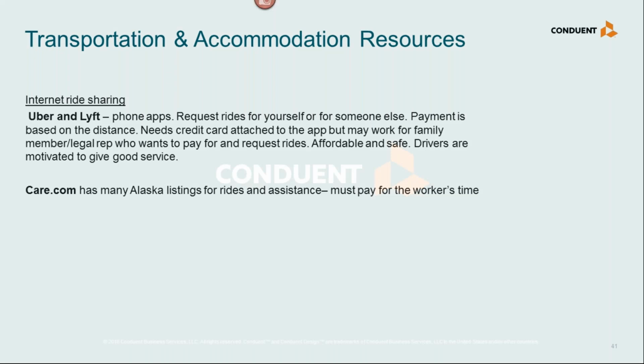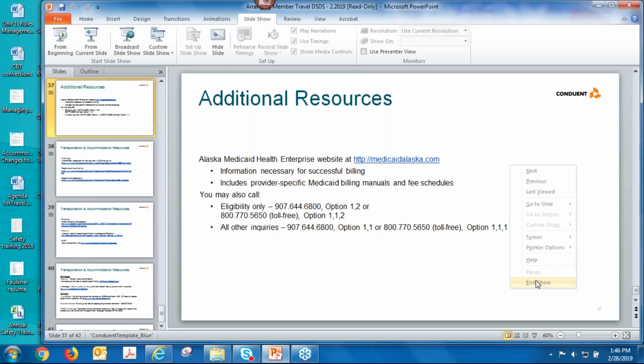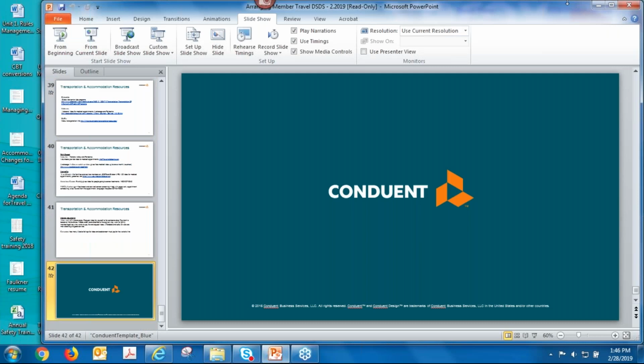Okay, so at this point, I am going to take a minute and show you the website and show you where to get to some of the resources that we've been talking about. And I'm going to go to MedicaidAlaska.com.